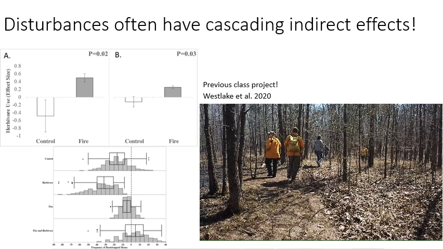Okay? So the data on the top, the A and B panels, are just showing you the magnet effect that we have of fire. The fact that the effect size is positive, or above 0, means that the fire is strongly attracting the herbivore. So we see an intense attraction for that area.